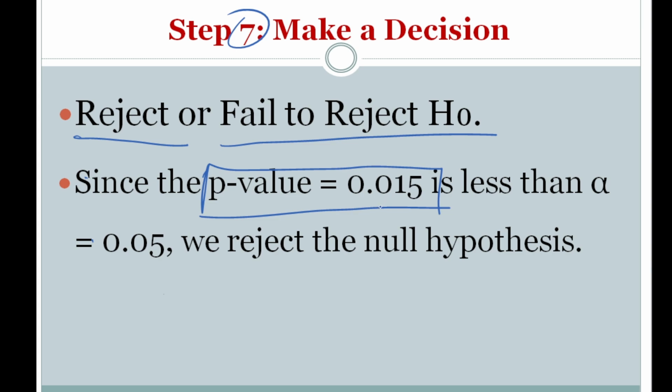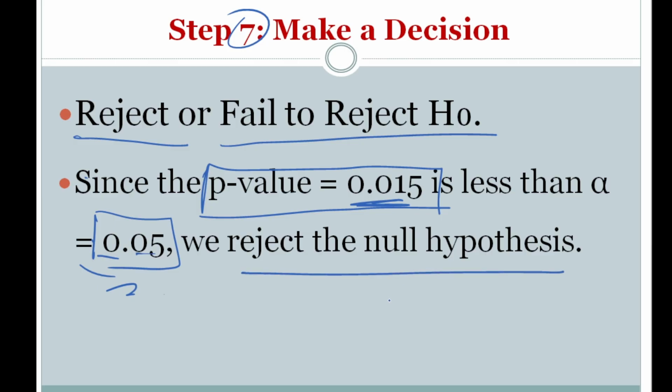The alpha is normally set at 0.05, and here in our case the p-value is less than that alpha. Whenever the p-value is less than alpha significance level, we will reject the null hypothesis. So we rejected the null hypothesis.